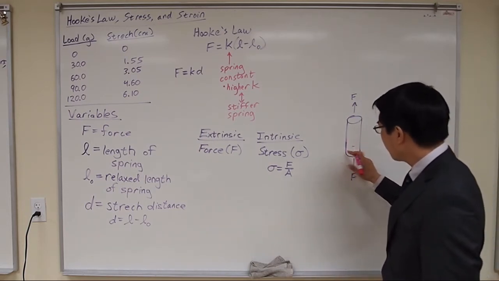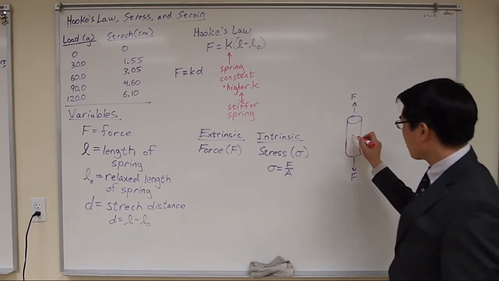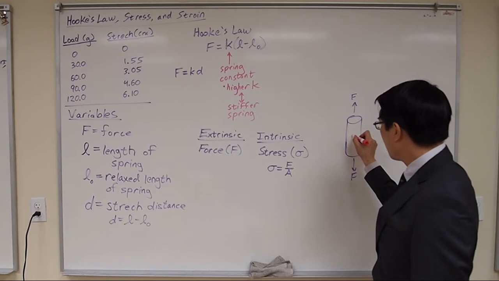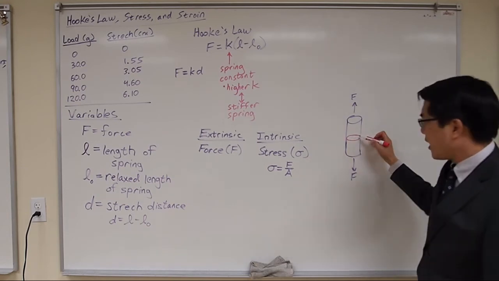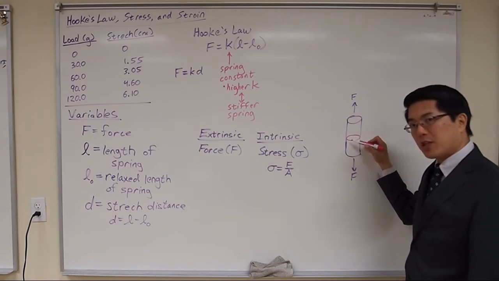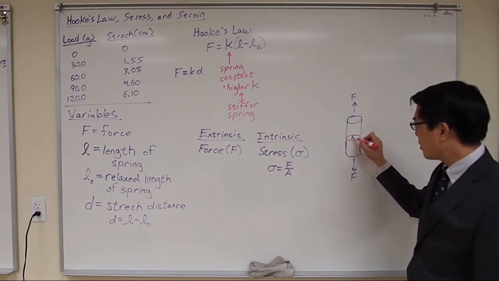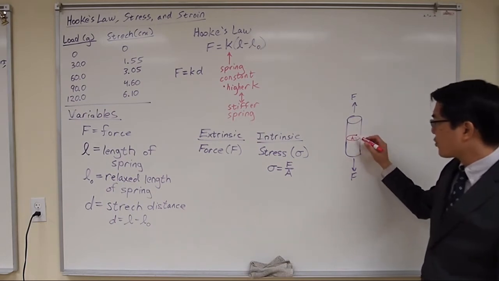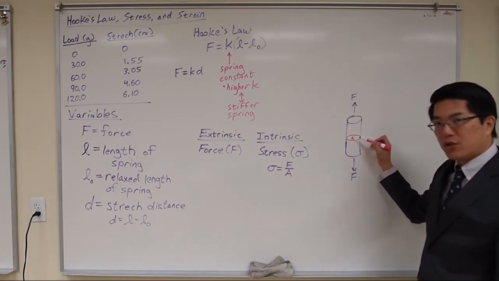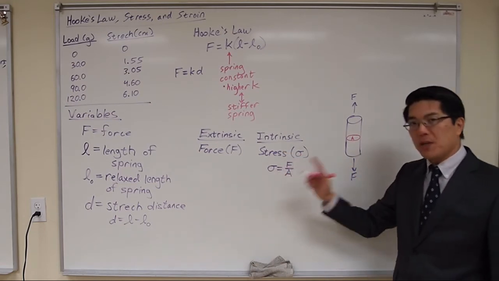Nevertheless, we pull it equally from both sides. That's our force. If you look at a surface of material, an internal surface of material, that is perpendicular to that force, that area is what supports the force. And this is what allows stress to be shape and size independent.